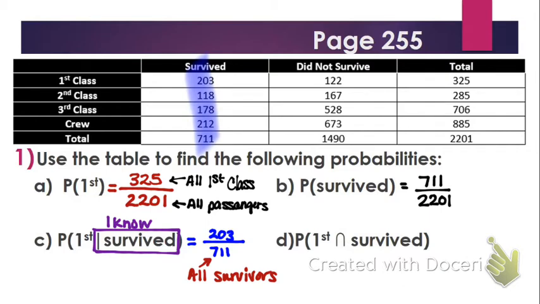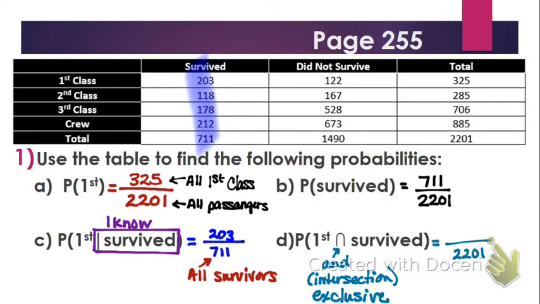What am I asking for in part D over here? This is an and, yes. And also means intersection. Remember, this is exclusive. So the denominator is going to be 2,201.